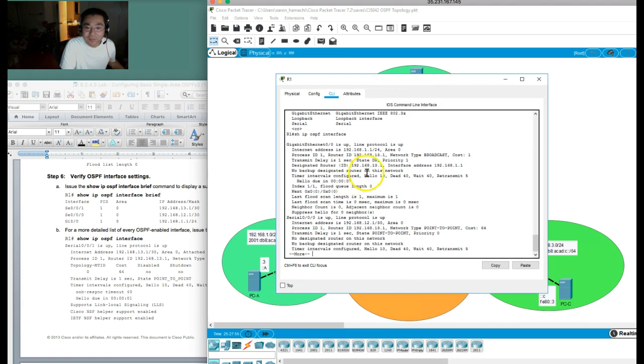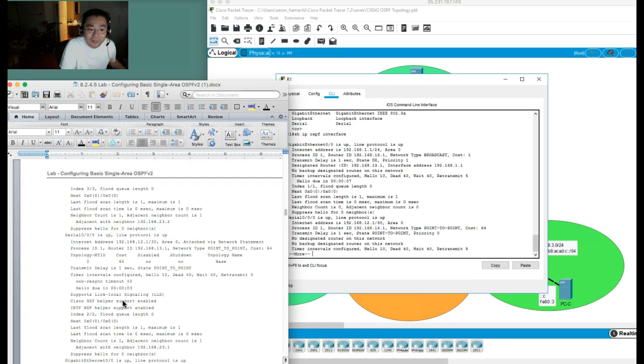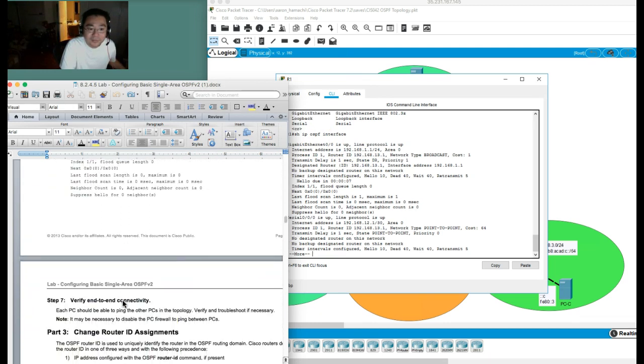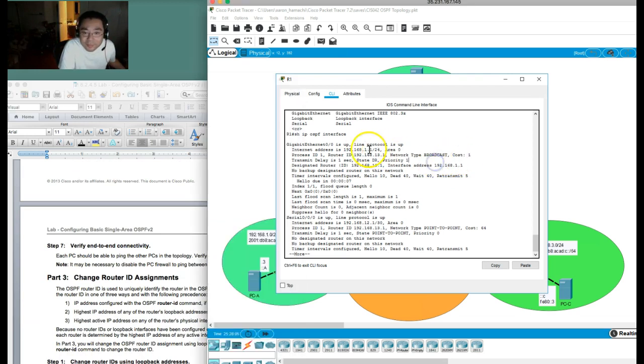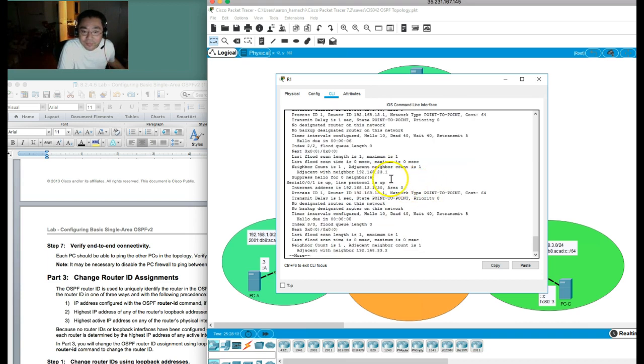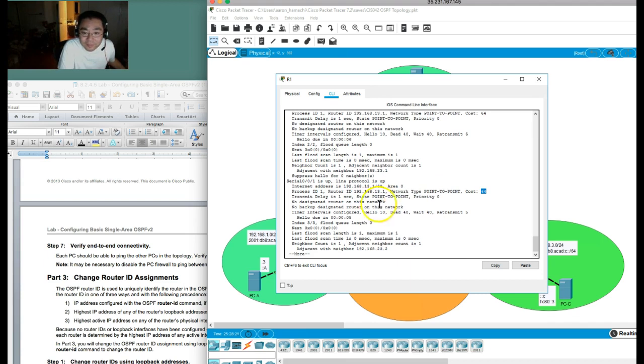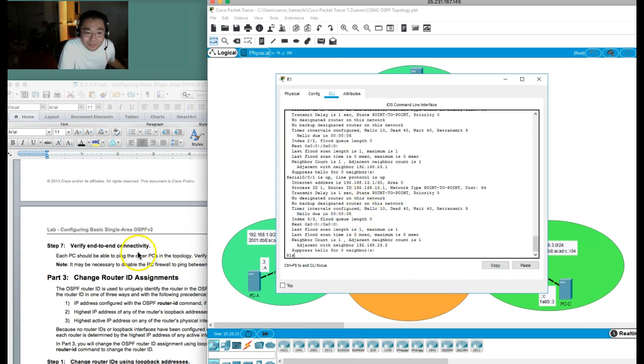It's going to give us a bunch of information, and that's good. So it's going to tell us here the cost is 1. And for the serial interfaces, the cost is 64 because it's a slower interface. Okay.